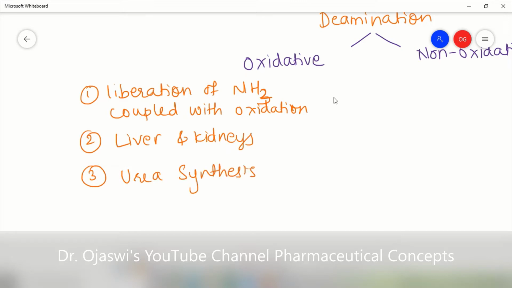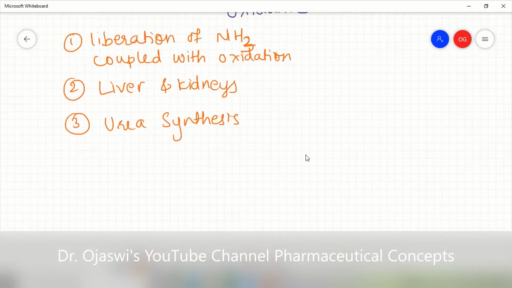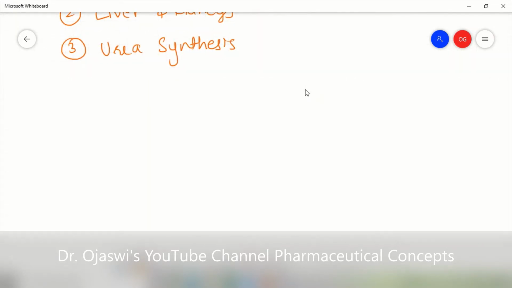and this provides ammonia for urea synthesis. Now, for oxidative deamination, who is responsible? I mean, who is playing the important role in oxidative deamination? There are two enzymes under this, that is GDH, and the other one is amino acid oxidase.